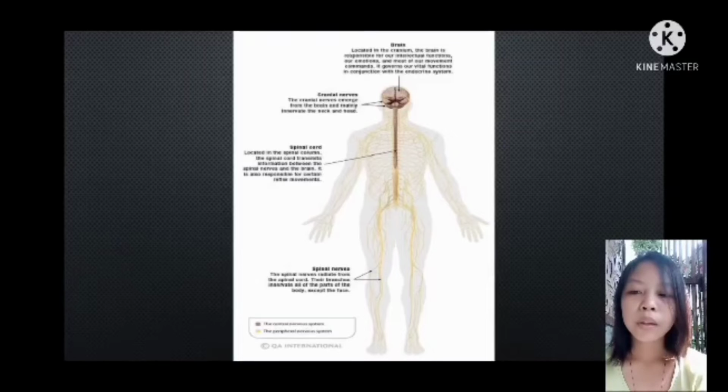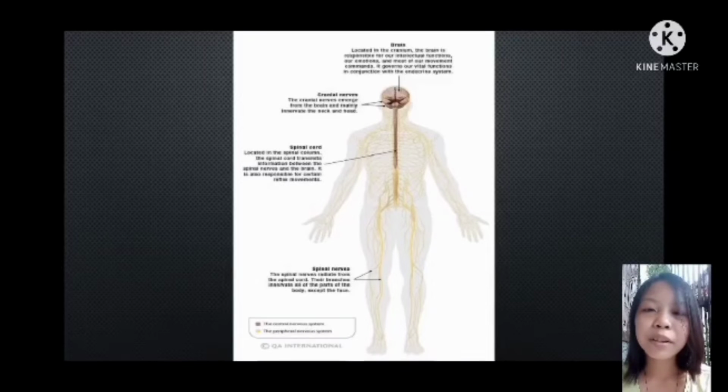Spinal cord. Located in the spinal column, the spinal cord transmits information between the spinal nerves and the brain. It is also responsible for certain reflex movements. Spinal nerves. The spinal nerves radiate from the spinal cord. Their branches innervate all of the parts of the body except the face.